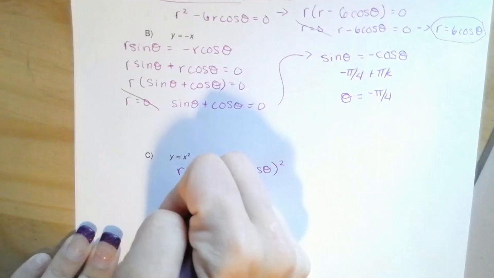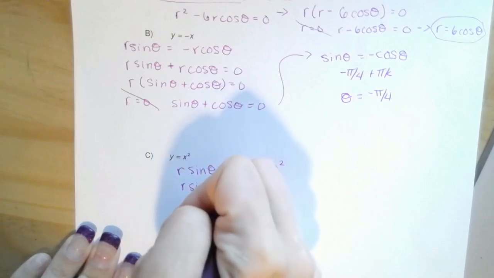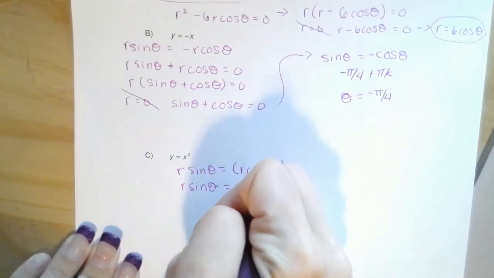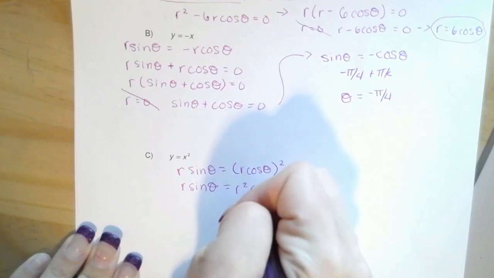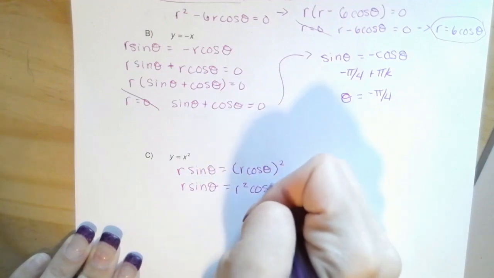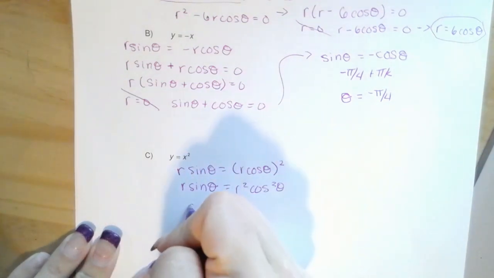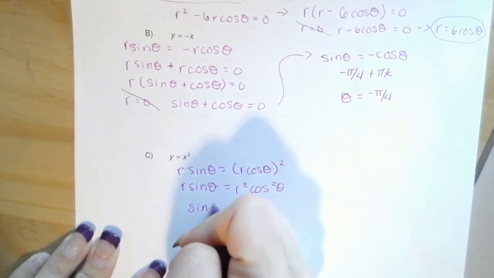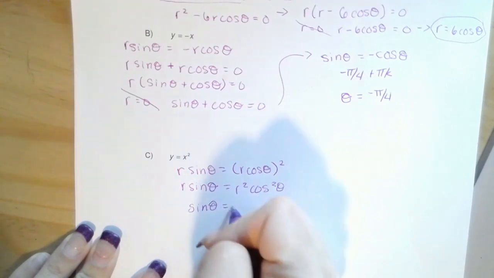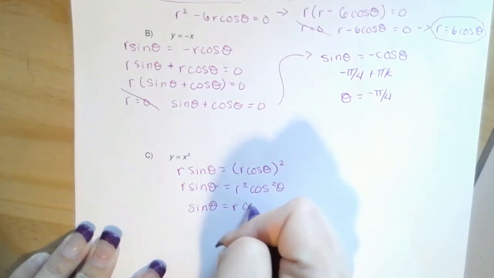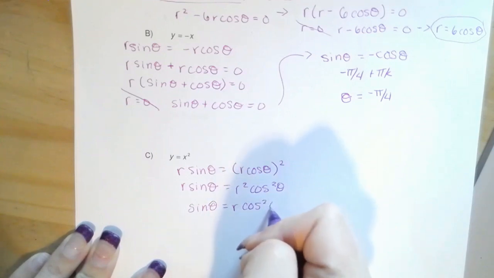So we have r sine theta equals r squared cosine squared theta. Well, let's think of this. We can divide by an r and we get sine theta equals r cosine squared theta.